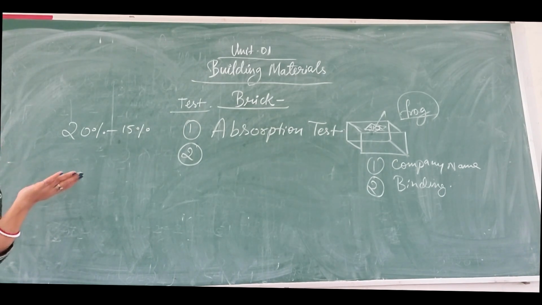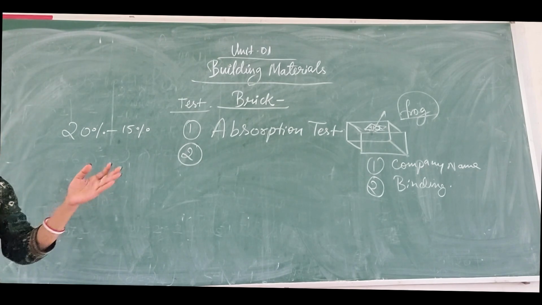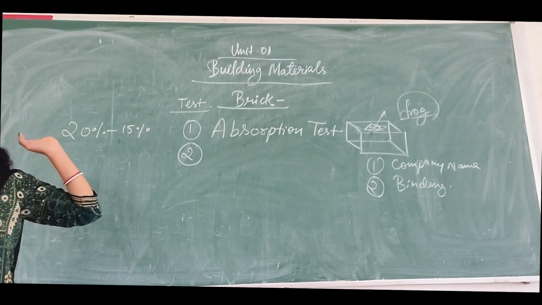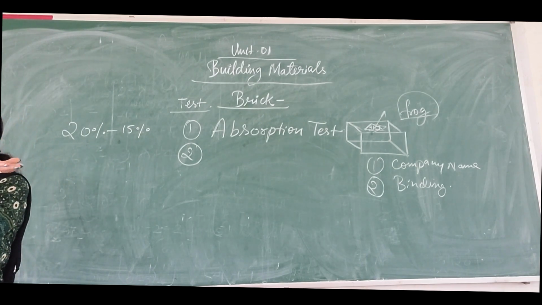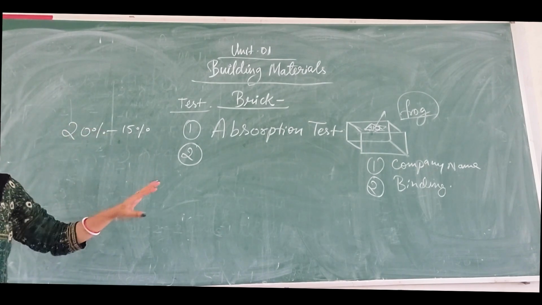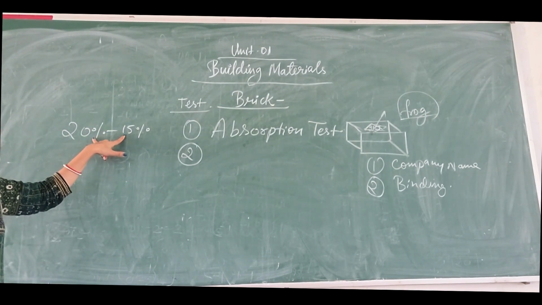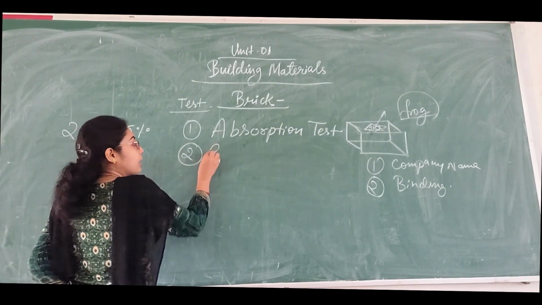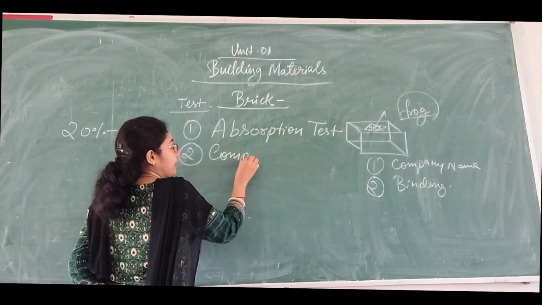The brick should have 15 to 20% of water absorption only, according to the weight of the brick. Whatever the weight, if it's 5 kg, 6 kg, whatever, your absorption should be between 15 to 20% only, right?